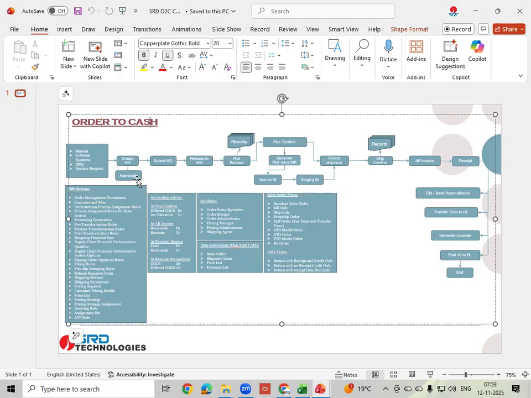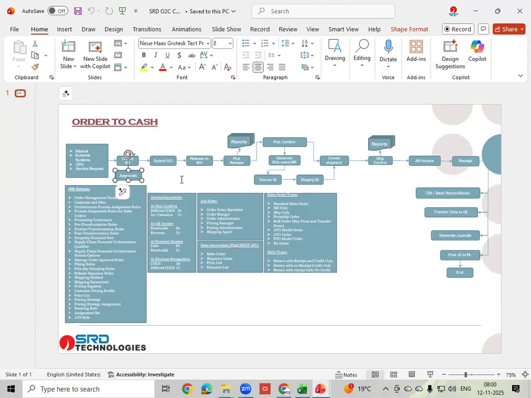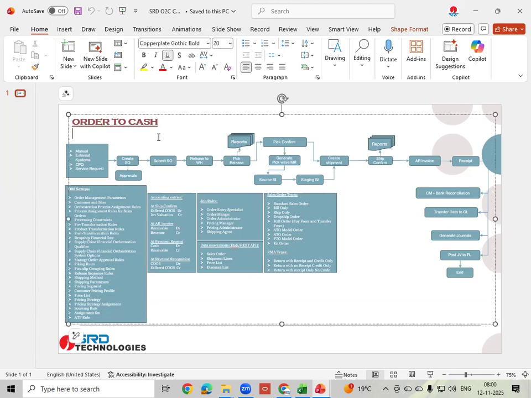Optionally, we can maintain approvals also. Say someone fills in the details in the sales order, then another person will review and approve it.